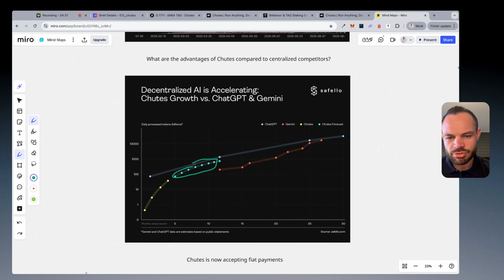And the green here is representing the growth, or the anticipated growth, over the next few months if we continue in a similar fashion. You can see this blue line here is representative of OpenAI or ChatGPT's growth upon initial acceleration, and the red line comparing it to Google Gemini and their growth in the months after their launch.